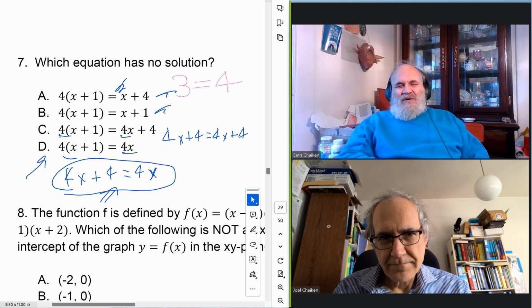Equations that make sense, the property of solutionness is not one thing.